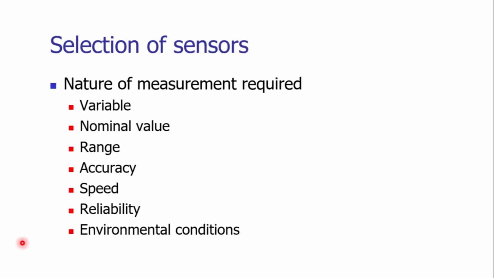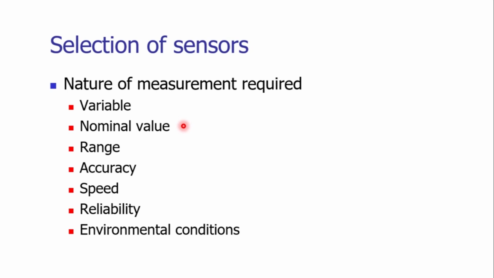When we choose a sensor for a typical application, we need to first look at what kind of measurement we are selecting the sensor for. What is the variable, whether it is for measurement of temperature or force or pressure. What is the nominal value that we are anticipating for the measurement?